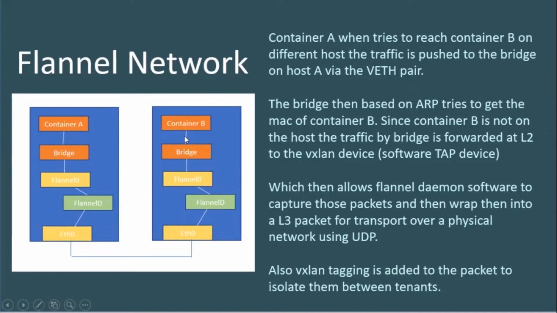When A wants to communicate to the container B, what really happens is there will be an overlay network created between these two containers. That is where Flannel comes into the picture. This Flannel will have the information about all the machines which are connected to the cluster.